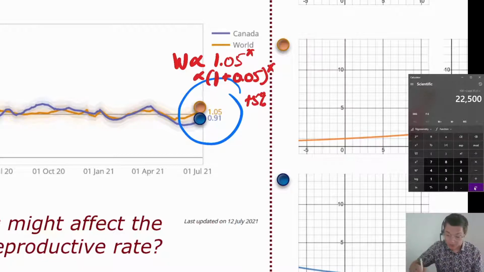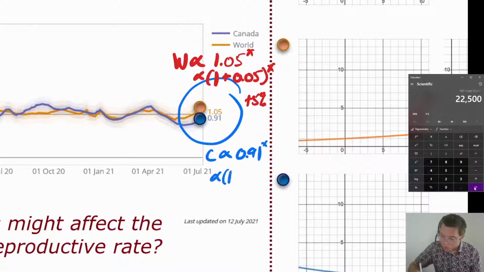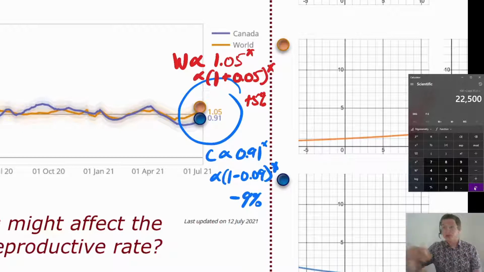Whereas at this point in time, Canada has a reproductive rate of about 0.91 to the x, which I can rewrite as 1 minus 0.09 to the x. So for every generation, the disease is losing ground by about 9% of the total population of the infected people.